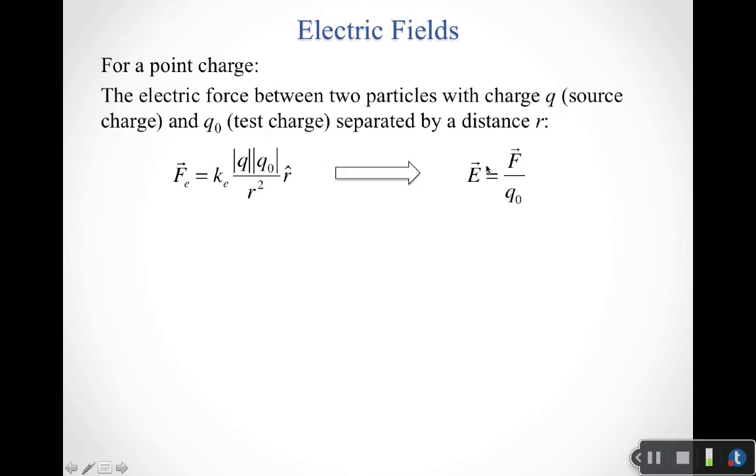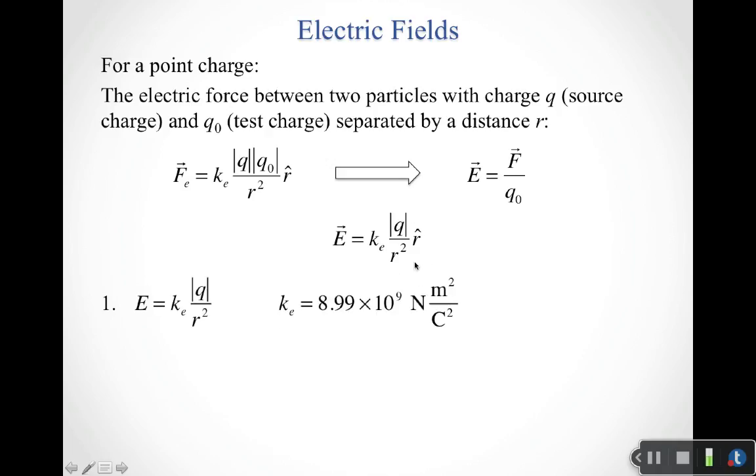Well, to get the electric field, we know that we're going to take the electric force and divide by our Q naught. So what I need to do is take this expression and divide by Q naught, and it's easy to see that this term will disappear, and I'm just going to be left with one Q on top. So again, the electric force depends on two charges. The electric field just depends on one, just depends on the source charge.